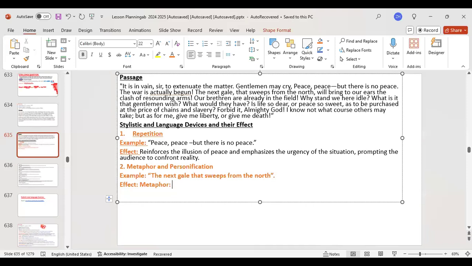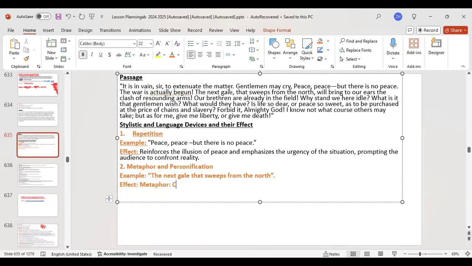The next gale, because gale is wind, will bring the clash of resounding arms. That means war is coming. So he's saying that the next big event, the next impending conflict, is going to bring about the war. So he's comparing the wind to the war. That's the metaphor right there.